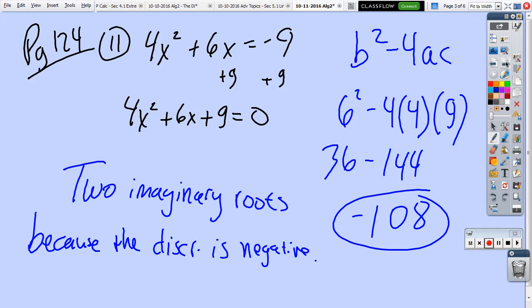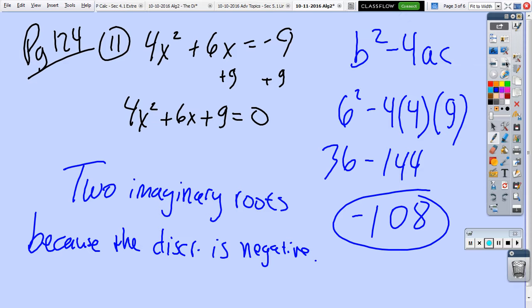It's on page 124, number 11. It just says to find the discriminant of a quadratic equation and describe the number and type of solutions of the equation. 4x squared plus 6x equals -9, setting equal to 0. And the discriminant is just b squared minus 4ac.